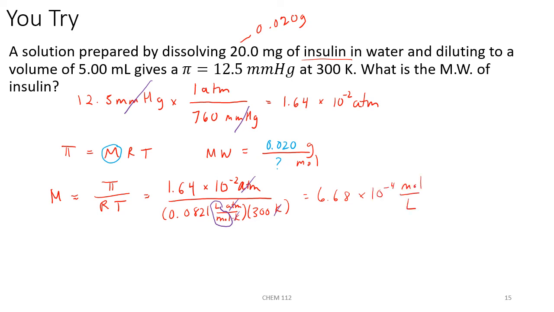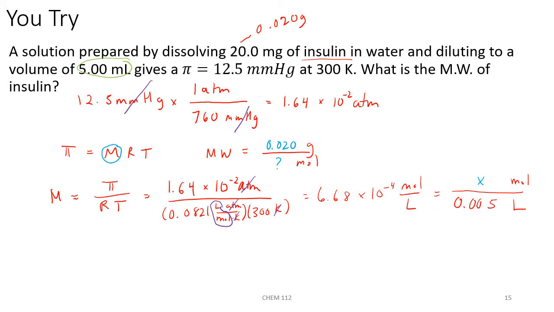And we don't want our molarity to plug into our denominator. We want our number of moles. So our molarity is equal to our moles of solute per liter of solution. We can call our moles of solute our X, and our problem told us that it was dissolved in 5 milliliters. So our total volume is 5 milliliters. We just have to be sure to convert that into liters, so that'll be 0.005 liters.